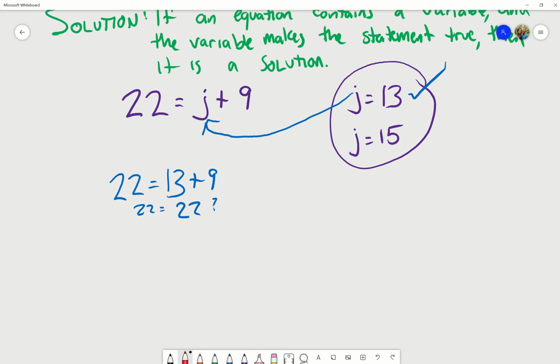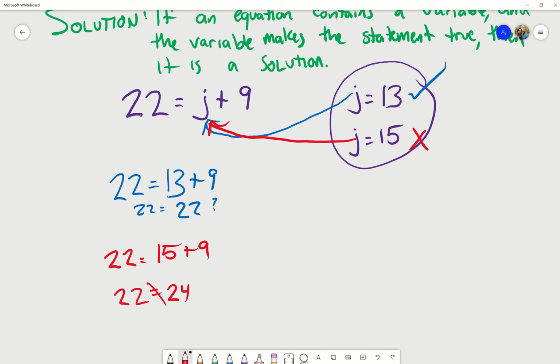Now let's try it with 15. We'll plug it in: 22 equals 15 plus 9, and 15 plus 9 is 24. Does 22 equal 24? No, it is not equal. So this is not a solution.